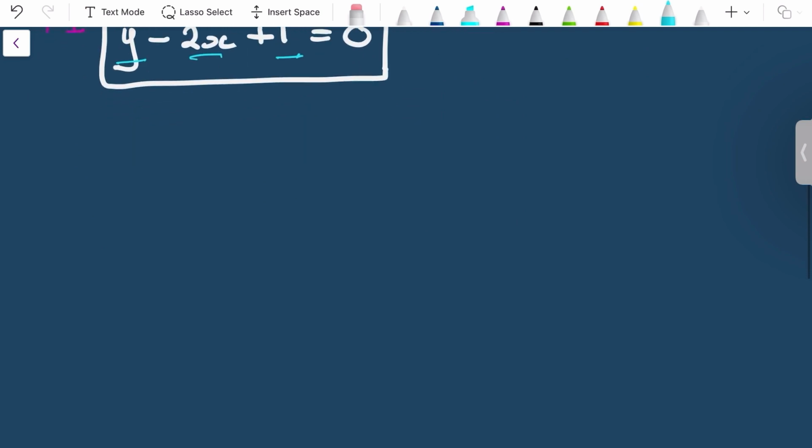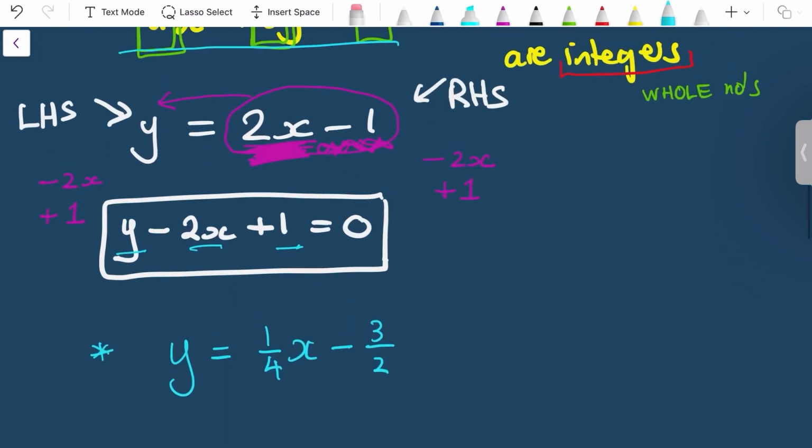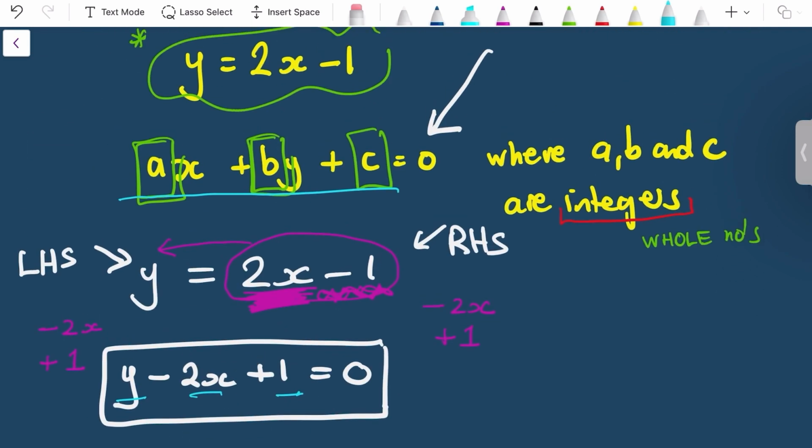So let's look at another example. Let's say you found y to be equal to 1/4 x minus 3/2. That was the equation of your line, and you saw there your gradient is 1/4, your y-intercept is negative 3/2. But you want to write this in standard form because that's what the question is asking you.